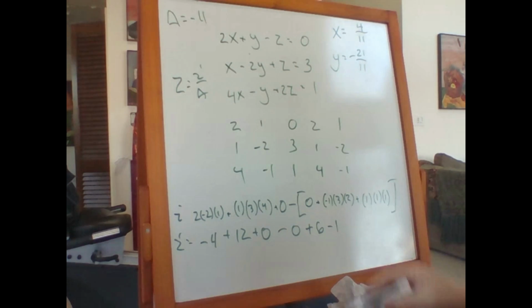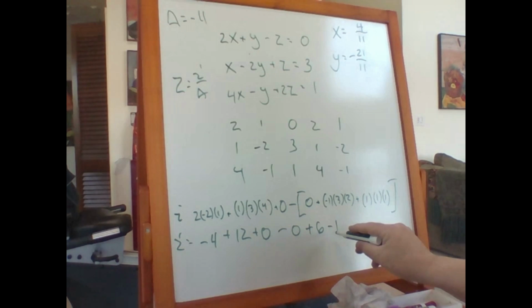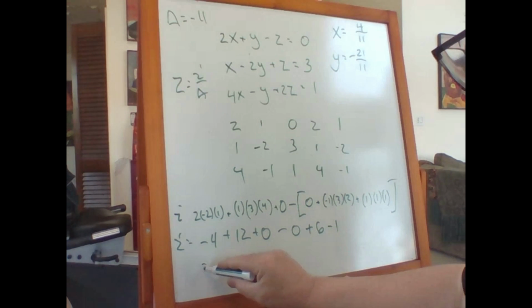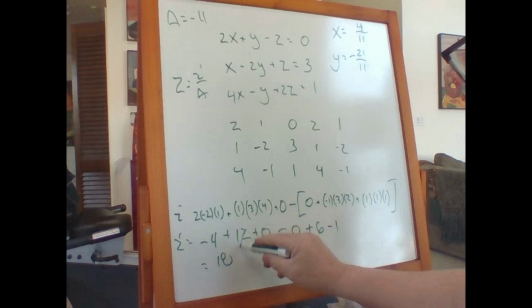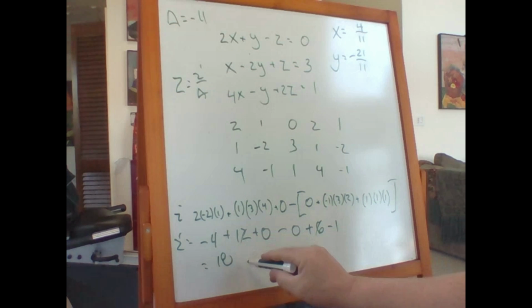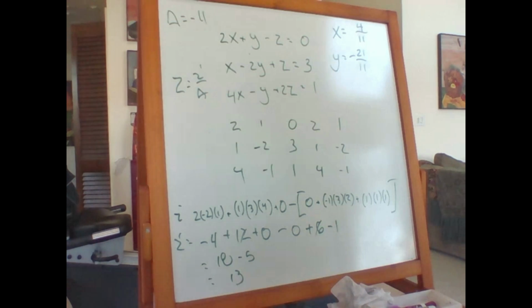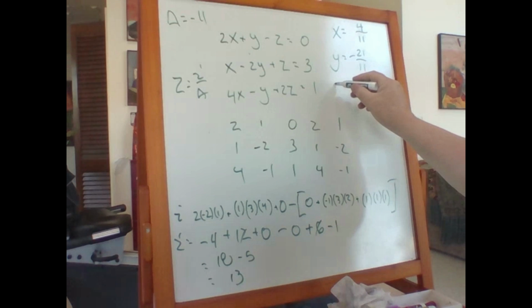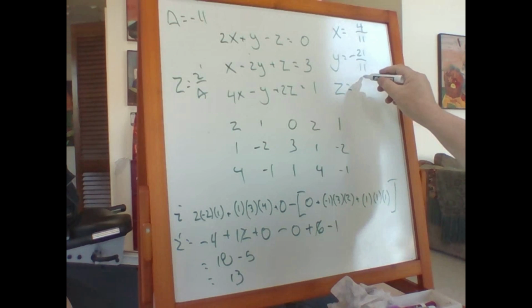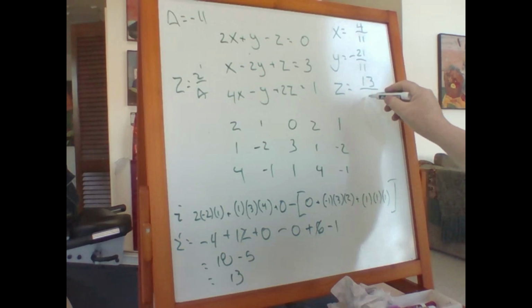All right, so let's get these all in order here. So we have 18 minus 5, and that's equal to 13. Okay, so z equals 13 over minus 11.